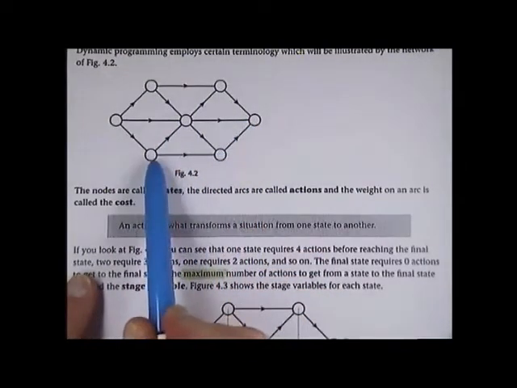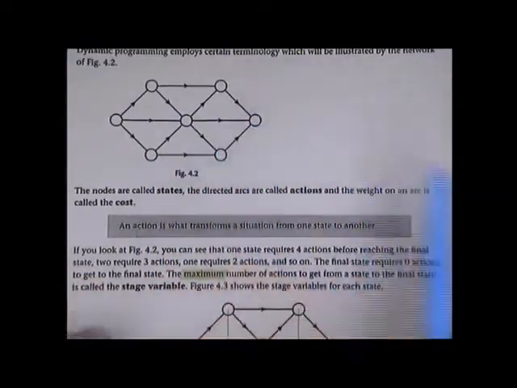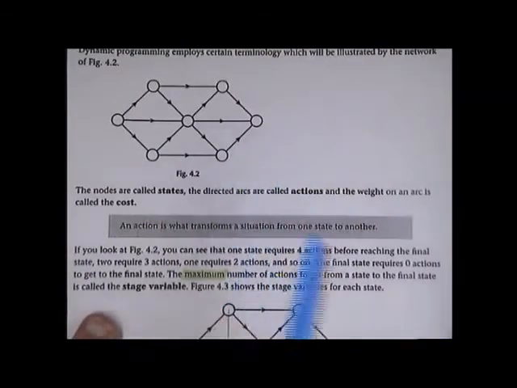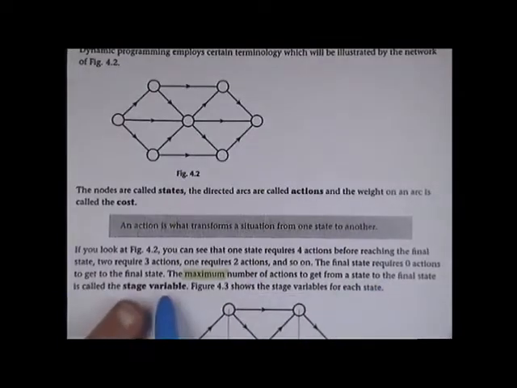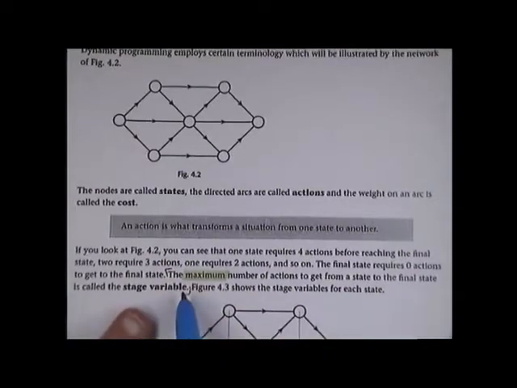This state down here, what's the maximum number of actions this state could take to get to the end? 3. Yeah, 1, 2, 3. Okay. The final state requires no actions to get to the final state. The maximum number of actions to get from a state to the final state is called the stage variable. Starting there, finishing there, that sentence is vitally important, okay?